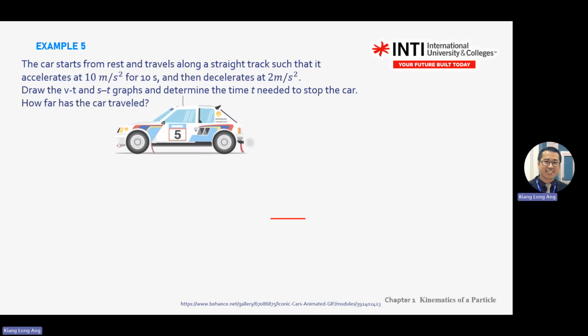Now, yesterday we looked at a few charts. How many charts did you learn yesterday? You still remember? You learned 5 charts, right? First one is s-t, v-t, a-t, and then a-s, then v-s.